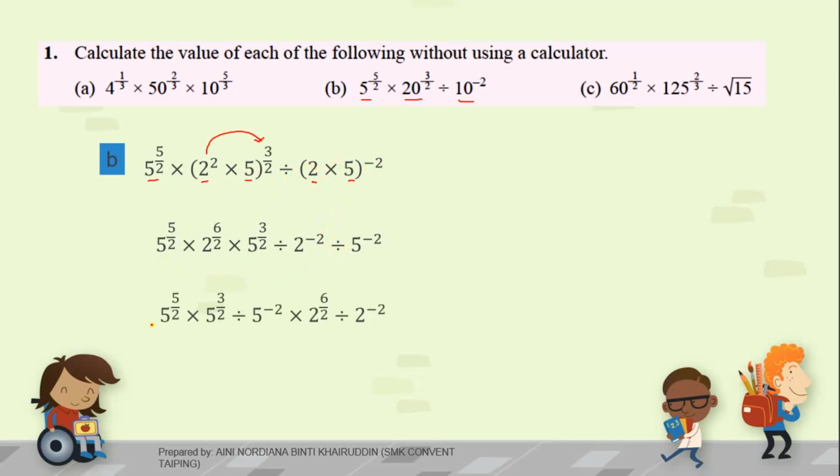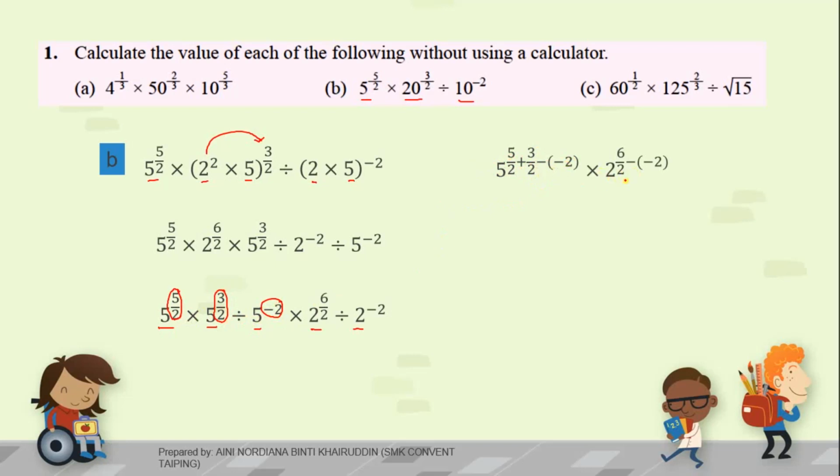So group all the same base here. So this is base 5 and this is base 2. So you can add and minus the index. So this is plus, this is minus. So 5 to the power of 5 over 2 plus 3 over 2 minus negative 2.